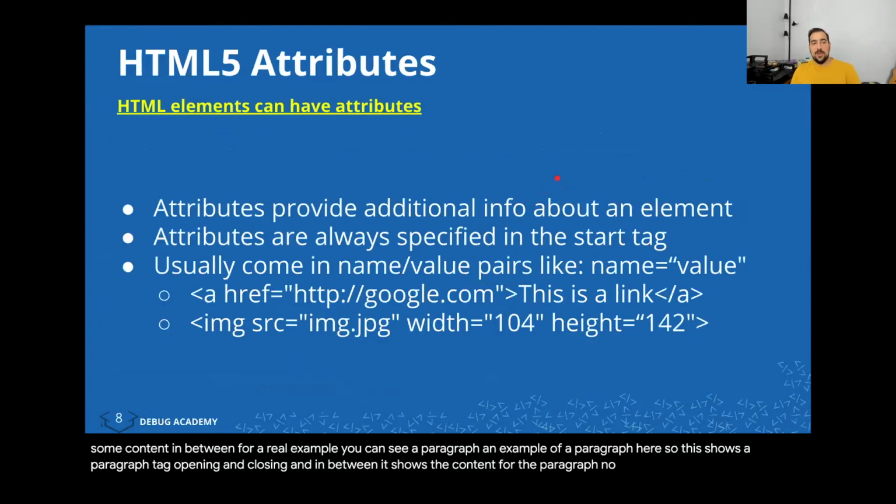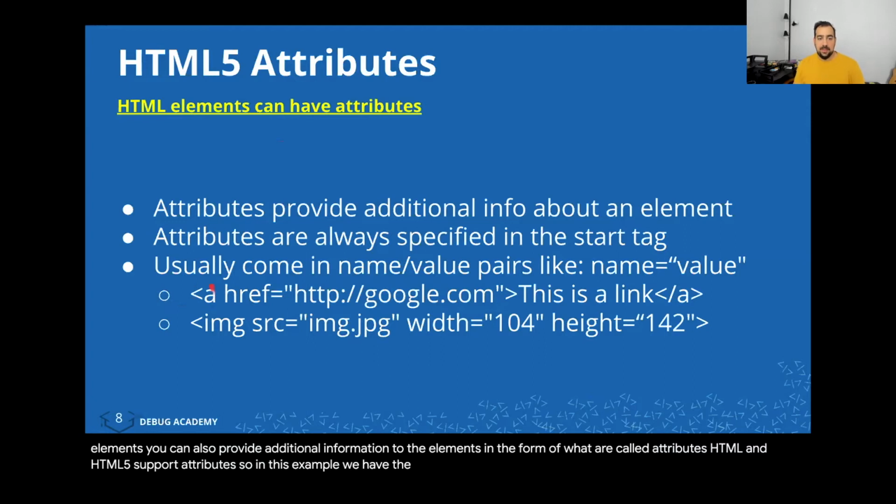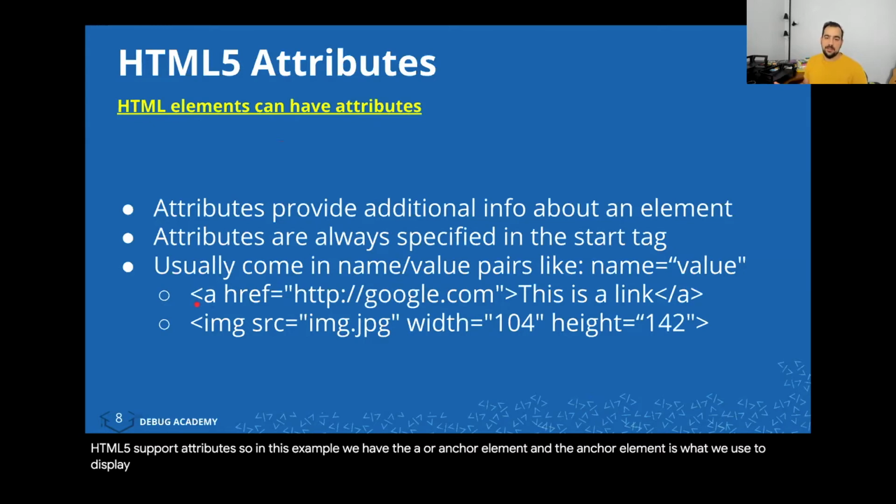Not only can you write HTML elements, you can also provide additional information to the elements in the form of what are called attributes. HTML and HTML5 support attributes. So in this example, we have the A, or anchor element, and the anchor element is what we use to display links.